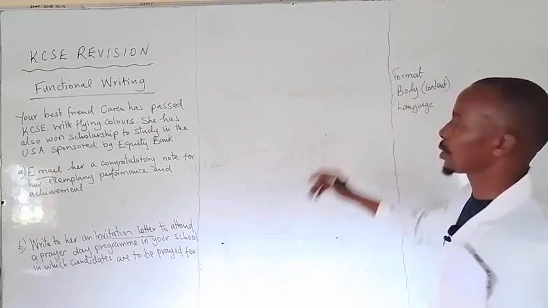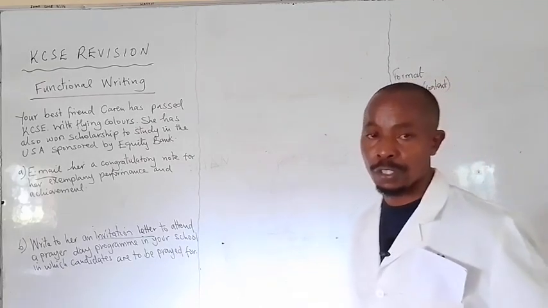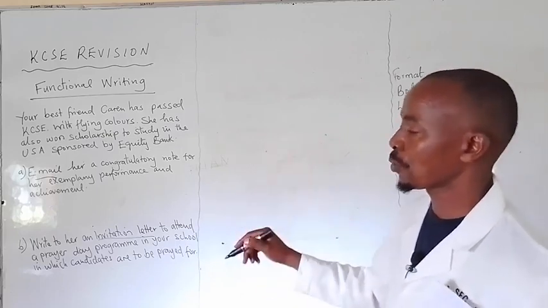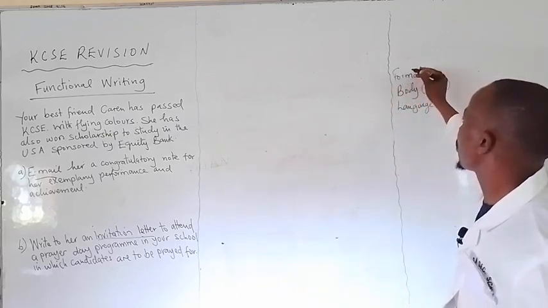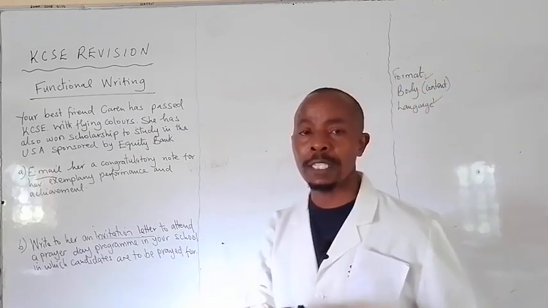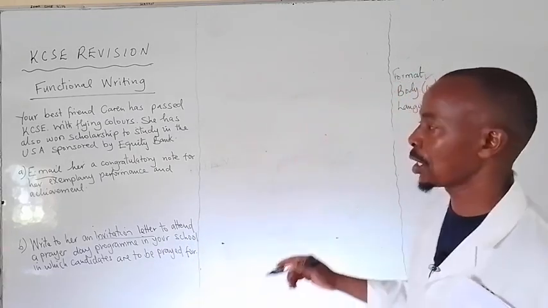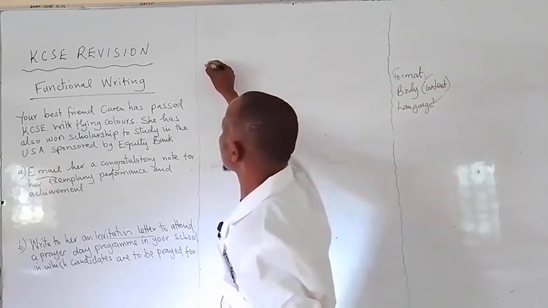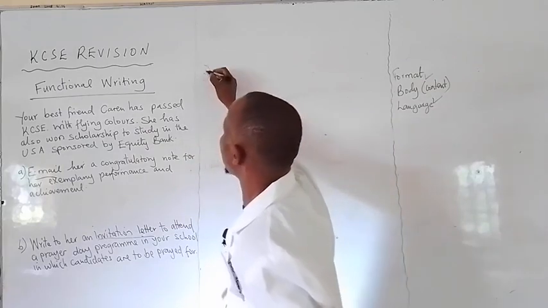All these things matter in functional writing, and therefore, whenever we are approaching any of these questions, we should have all this in mind so that we don't have some marks getting lost because we didn't take care of them.